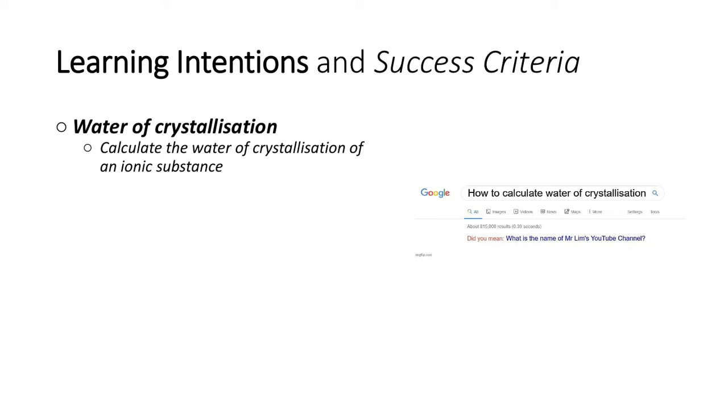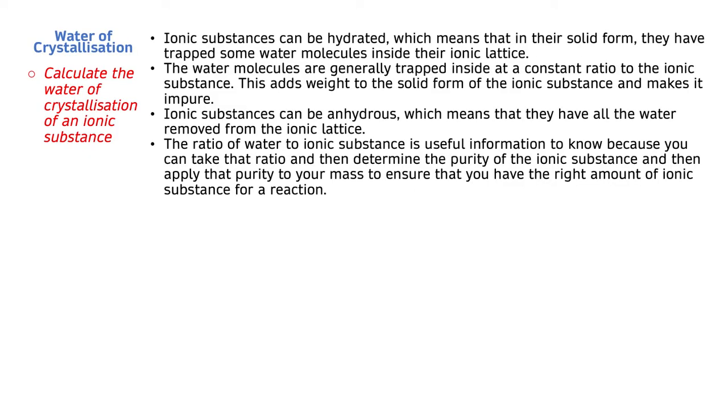Okay, so we're going to work out the water of crystallization of an ionic substance. So let's find out what that means. Ionic substances can be hydrated, which means that in their solid form, they have trapped some water molecules inside the lattice. The water molecules are generally trapped at a constant ratio to the ionic substance, so it's not a random amount of water.